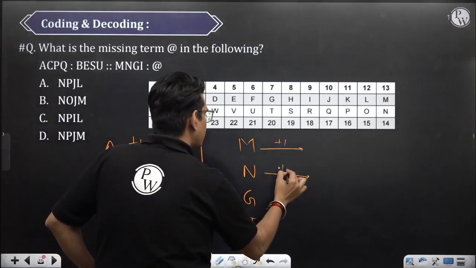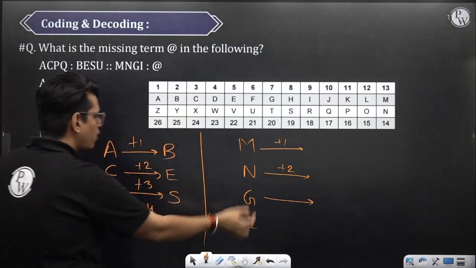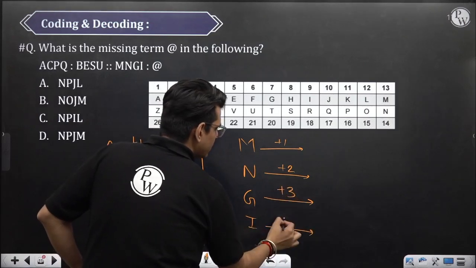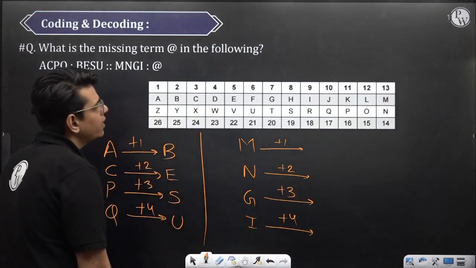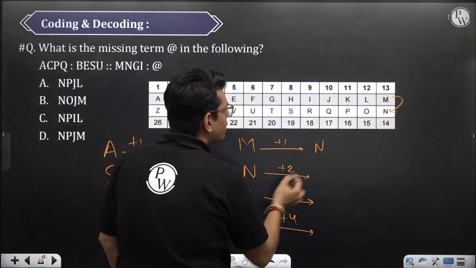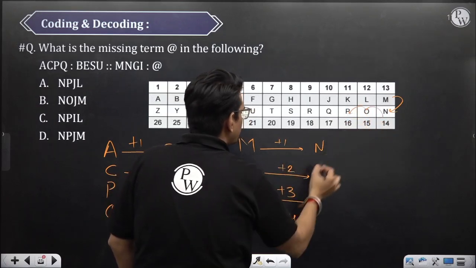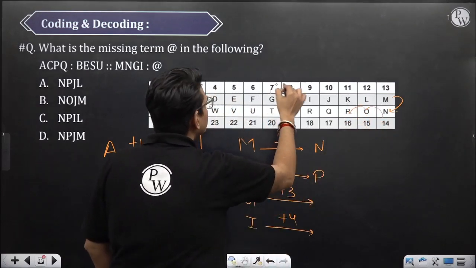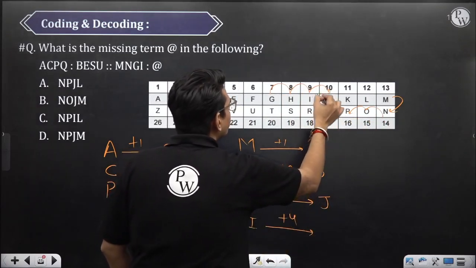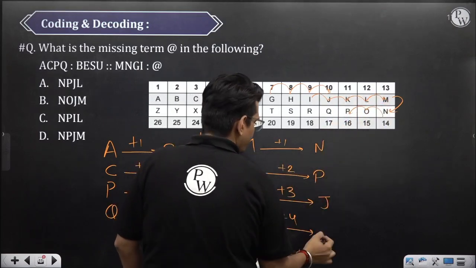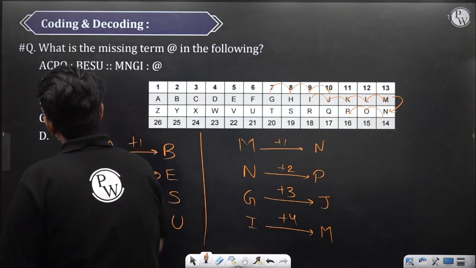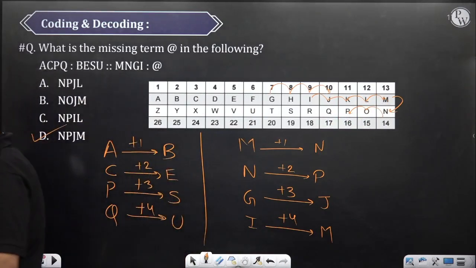This will be plus 2, because this will also follow the same pattern. Right. This is plus 3. This is plus 4. So M plus 1 is nothing but N. After N plus 2 is nothing but P. G plus 3 is nothing 1, 2, 3, J. Right. I plus 4, 1, 2, 3, and 4, M. So NPJM. NPJM. So answer is option D.